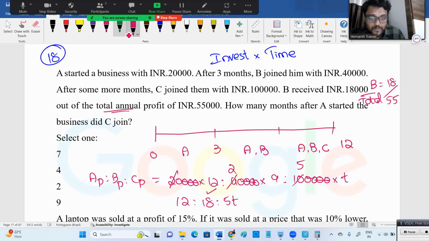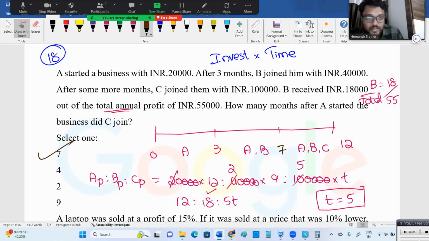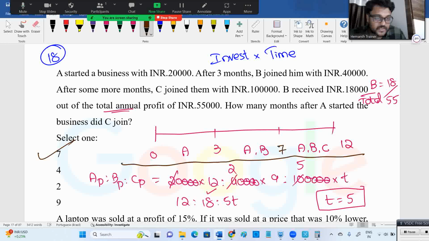So 12 plus 18 is 30. This should be 55, means 25 equals 5T, so T should be equal to 5. T is available for 5 months, which means he joined after 7 months.